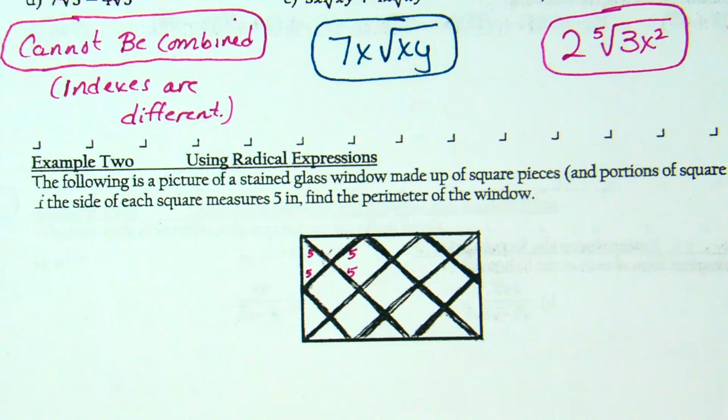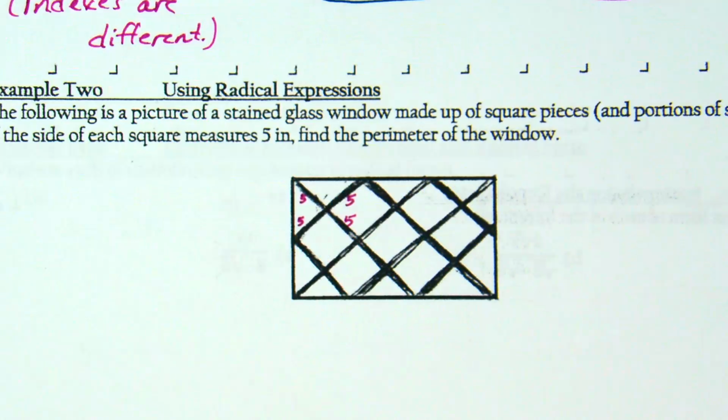What do I have to know to be able to figure out the perimeter of this window? Okay, the distance of the halfway line. Ooh, I like that word. Hypotenuse. Okay, so let me give you a visual.